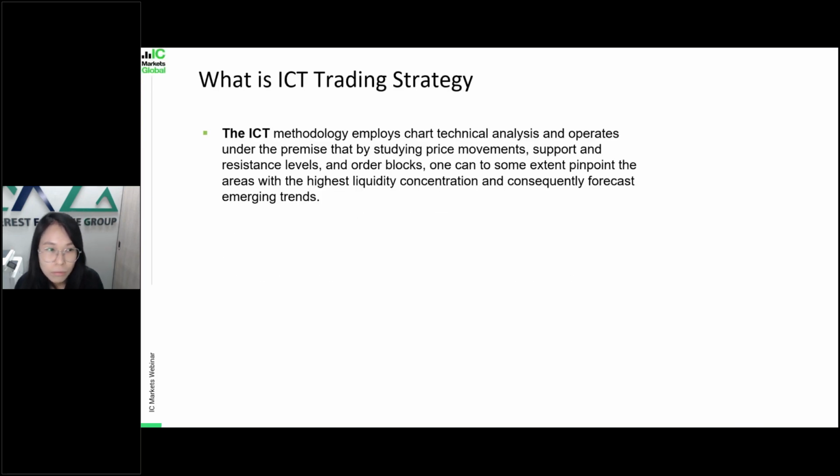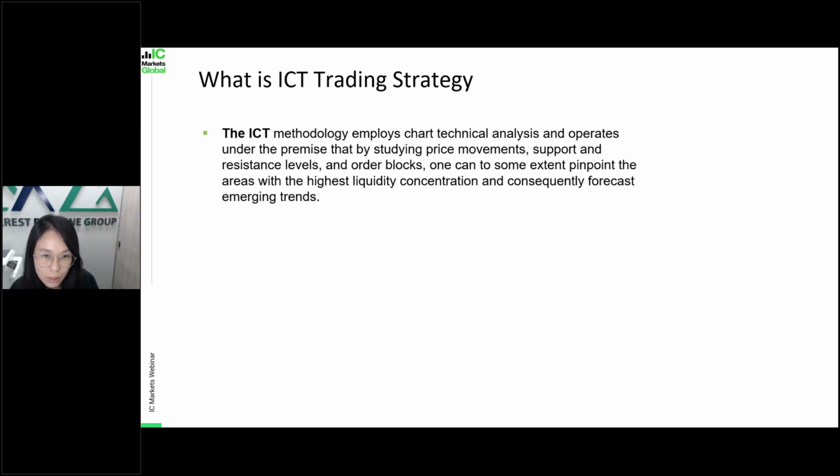Then, what is the ICT trading strategy? Today we'll be covering the fundamentals, the basics, what ICT trading is, and also the different trading methods. But for a start, we'll look at what the ICT trading strategy is.